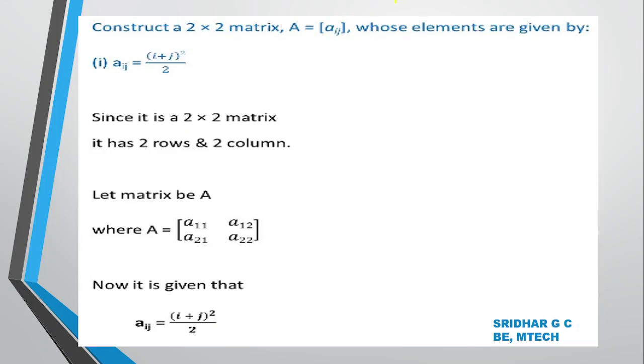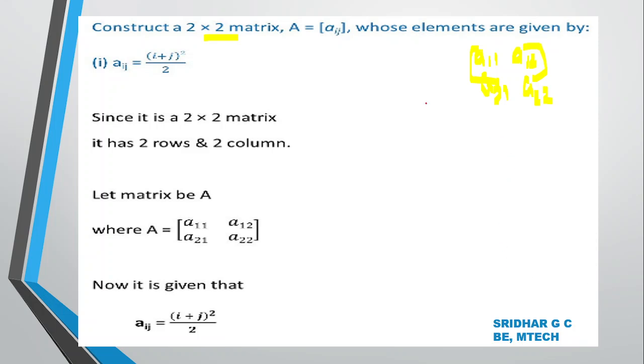Next, let us construct a matrix. They are telling us to construct a matrix of 2 cross 2. That means we should get A11, A12 and one more A21, A22. Clear? Let me use the pointer as a pen itself.